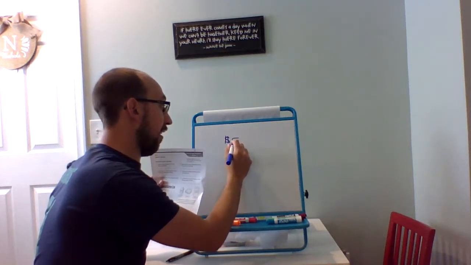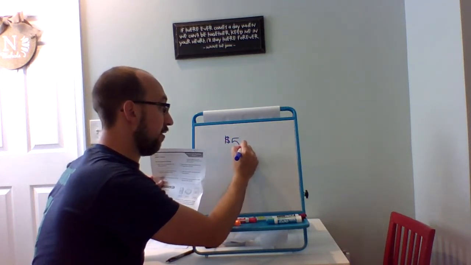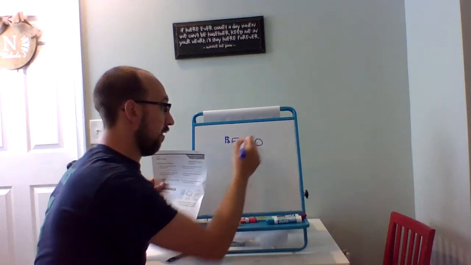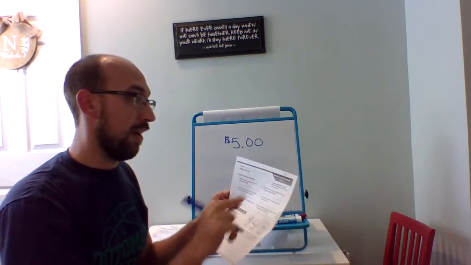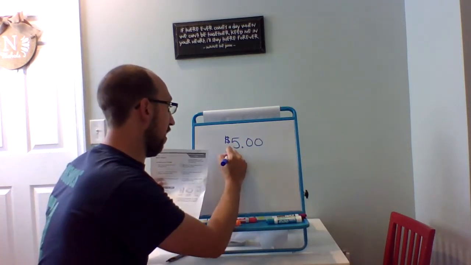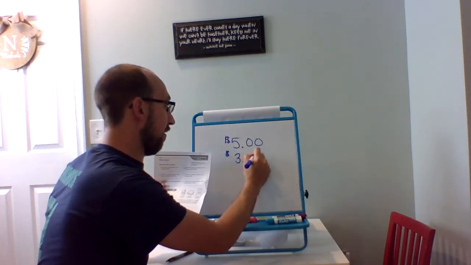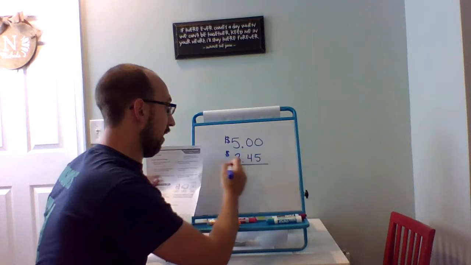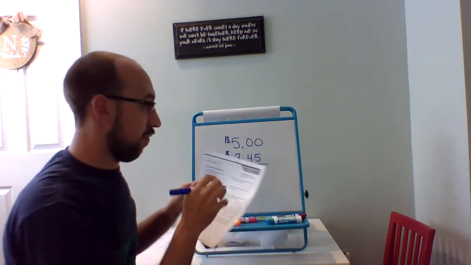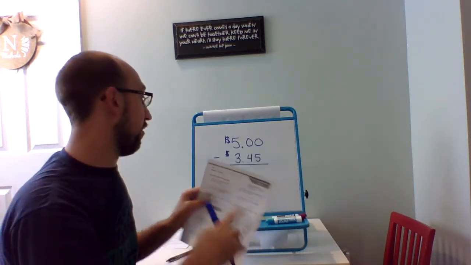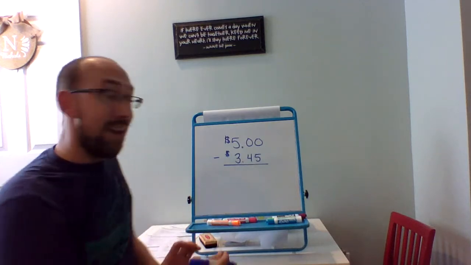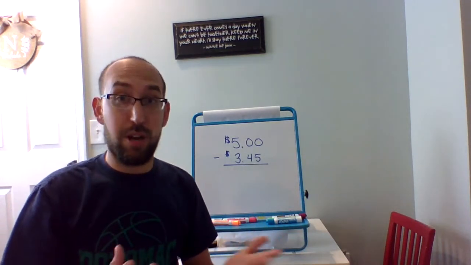So I'm going to put $5. So the 5, I need to put those 2 zeros here for the cents. Okay, so the bag of peanuts is $3.45. Put my line, make sure I put that subtraction sign because the word change means I'm going to subtract. So now all it is a subtraction problem.